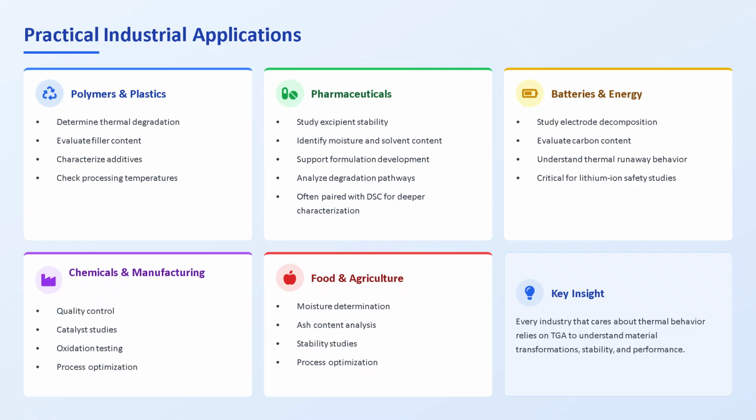In battery and energy materials, it's essential for studying decomposition, carbon content, and thermal runaway behaviour. In chemical manufacturing, it supports quality control, oxidation studies, and catalyst evaluations. Even food and agriculture rely on TGA for moisture and ash content analysis. Any industry concerned with thermal behaviour depends on TGA.